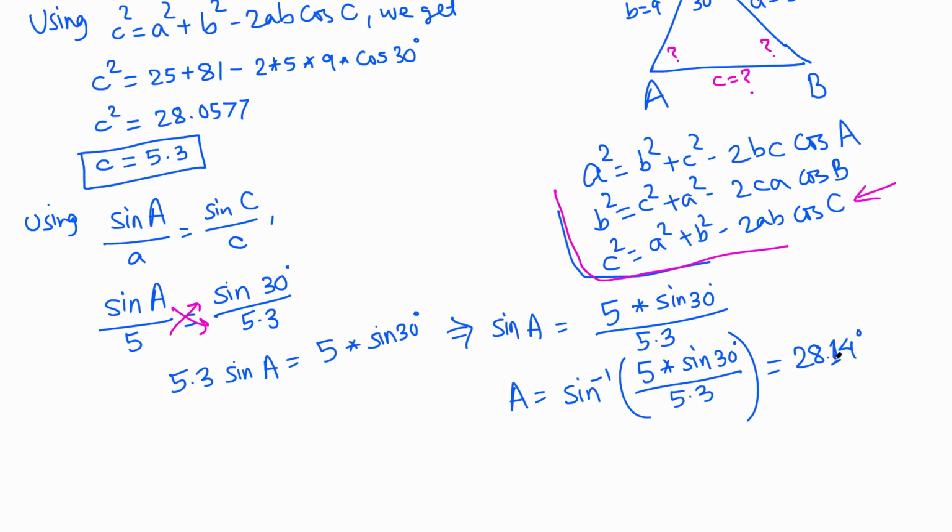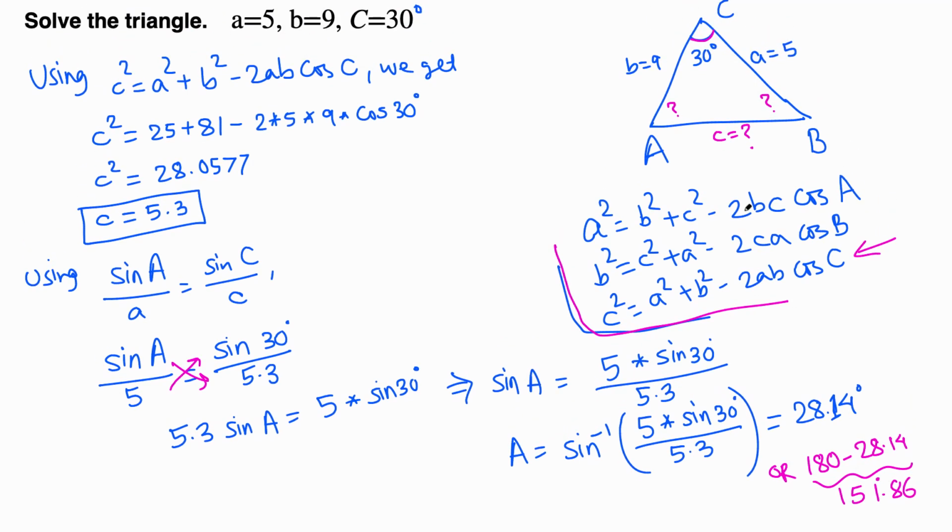Unfortunately, whenever we do sine inverse, there is another angle present: the second angle is 180 minus this 28.14, which is in fact 151.86.